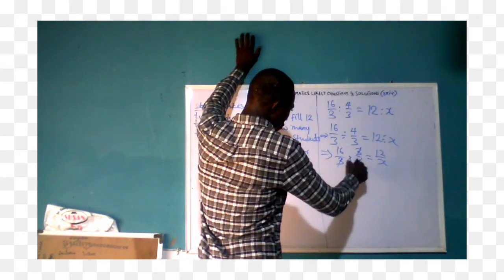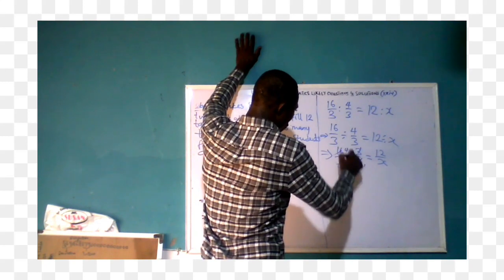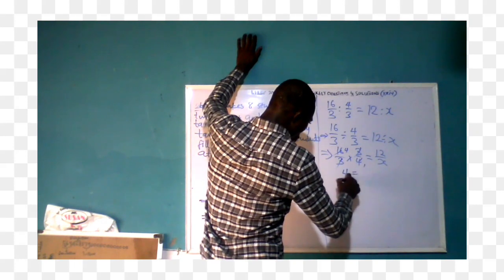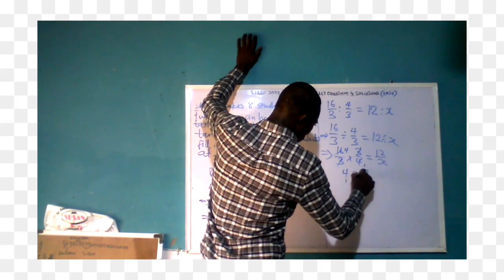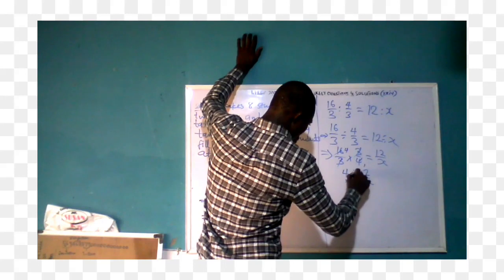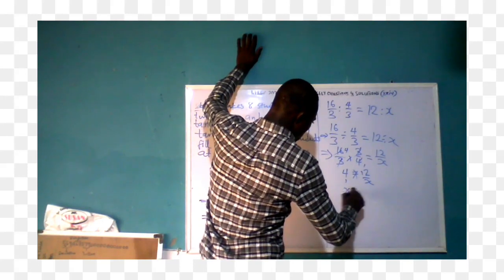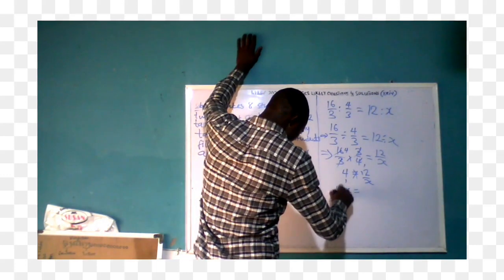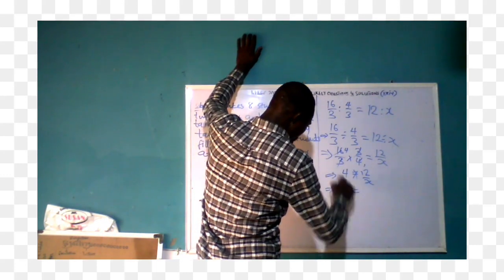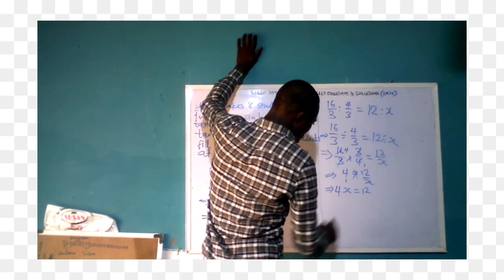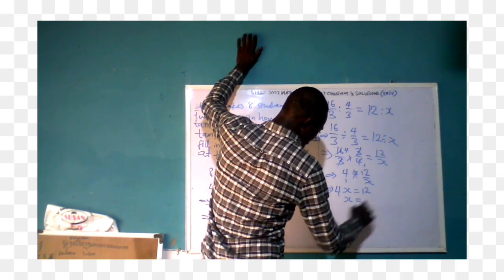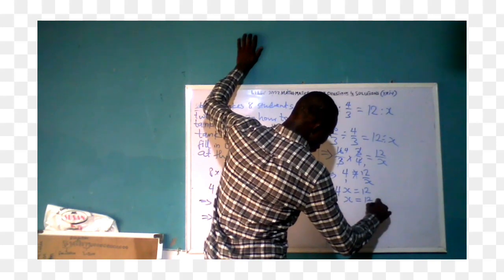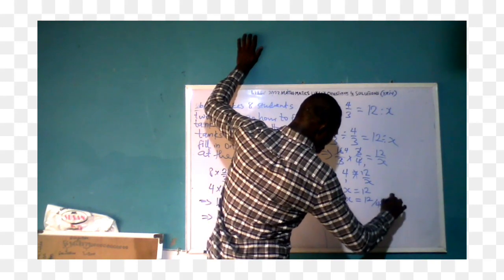You have 4 here and 4 here, so you have 4 over 1 equals 12 all over x. If you do cross multiplication, let's do it step by step: 4x is equal to 12. If you divide both sides by 4, x is equal to 12 all over 4, which gives you 3.